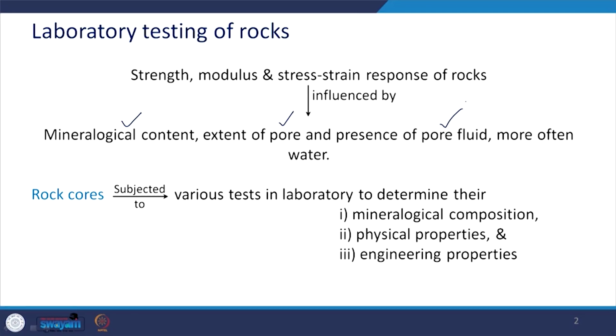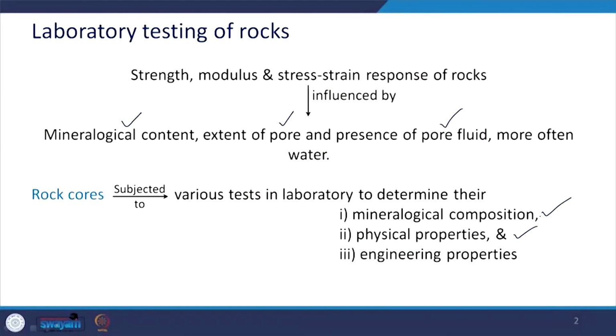These rock cores that we extract from the field and bring to the lab are subjected to various tests to determine three things. One is their mineralogical composition, second is their physical properties, and the third one is engineering properties. Now, what exactly is the difference between these three things?